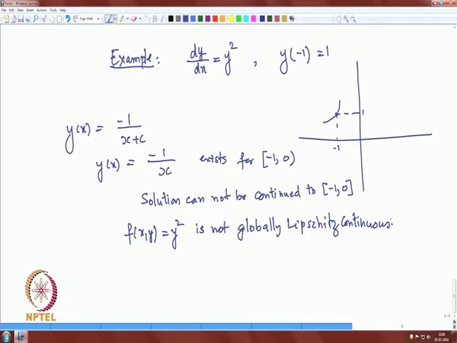Therefore, we cannot expect that the solution can be continued further.